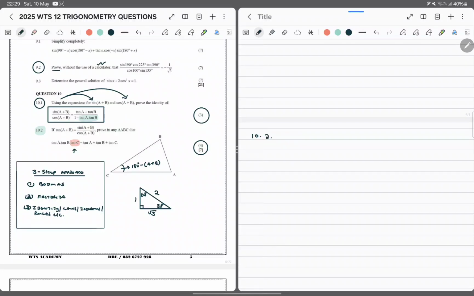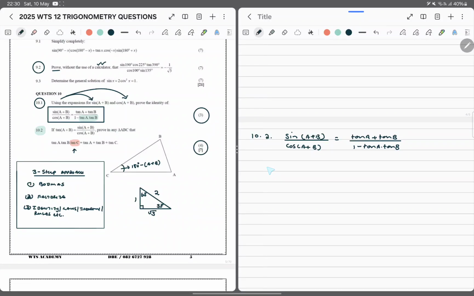What I'm going to say is, we know that sine of A plus B over cos of A plus B gave us tan A plus tan B over 1 minus tan A tan B. We proved it above, so there's no issue around it.